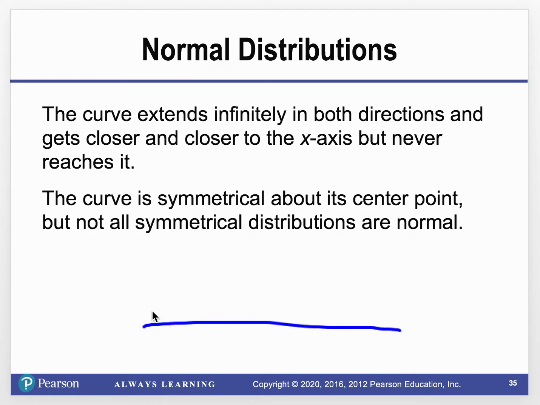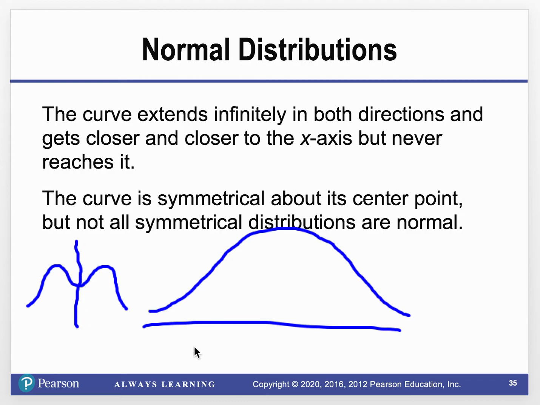Here's what we're about to see a picture of. It's bell-shaped, and it's symmetrical about this point in the middle. But I could have another one that's symmetric, but not normally distributed.